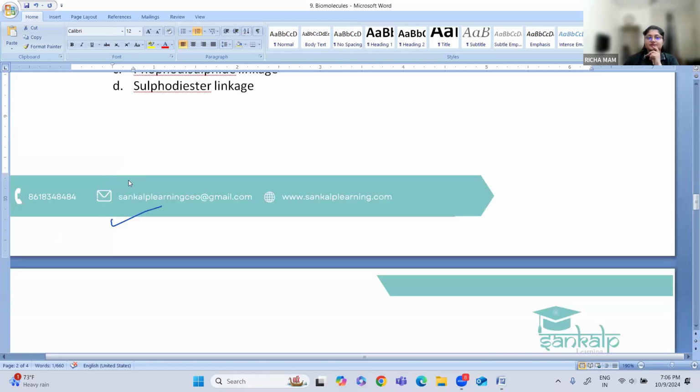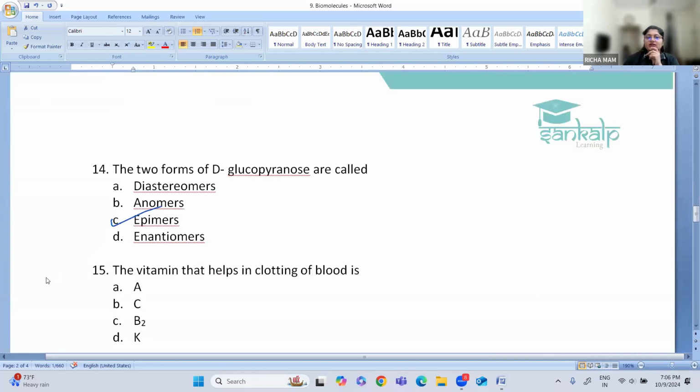Next question. The two forms of D-glucopyranose are called as what? Diastereomers, anomers, epimers or enantiomers?